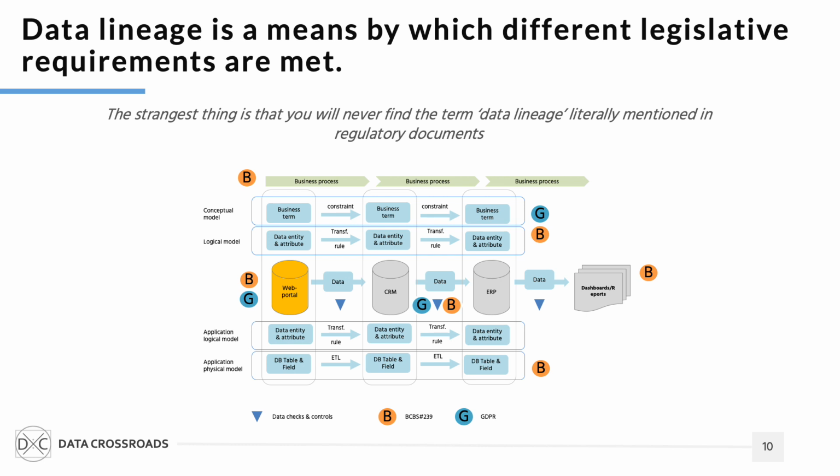BCBS 239 also demands the mapping of related DQ checks and controls to risk data flows. When a company specifies the requirements for data lineage and its components, the requirements of business users and technical staff should be taken into account as well.